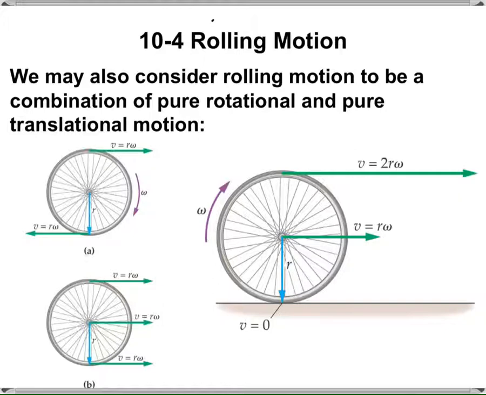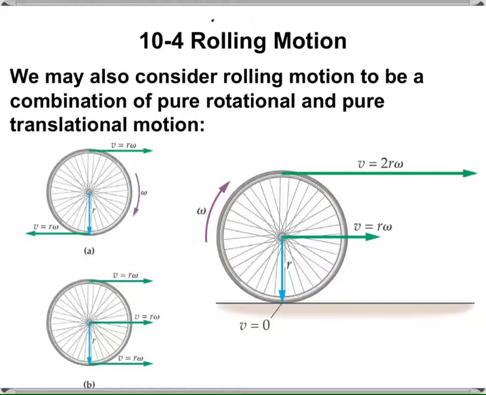Okay, last time we were discussing the rolling motion of a wheel, not only rolling but also translating. If a wheel is moving on the surface of Earth, on a parallel surface, it has two kinds of motion.